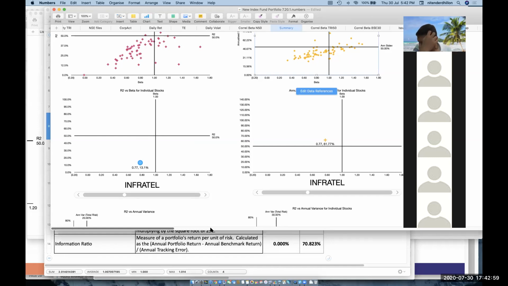Only 13% of the variation in its prices is explained by the Nifty 50's variation. So if you were to hold Infratel only, would you be exposed to systematic risk or unsystematic risk? Unsystematic risk. Would the unsystematic risk be significant or small? Significant, sir. Significant, because 62% annualized volatility is significant.